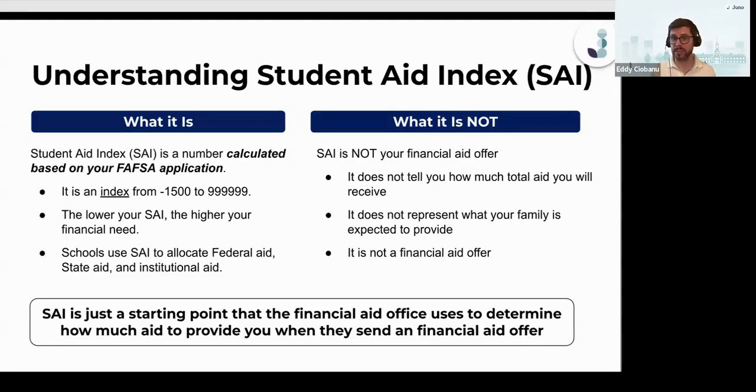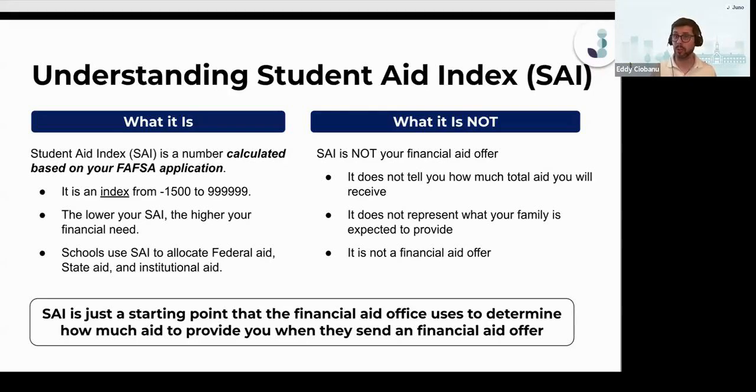Now, the number itself is not going to tell you how much total aid you will receive. There's a lot of factors based on the cost of attendance. Cost of attendance can vary at each institution. So let's say your Student Aid Index is 10,000. That's not necessarily what you're going to pay. It will vary based on the institution, again, based on cost of attendance. It doesn't represent what your family is expected to provide, and it is not the financial aid offer.